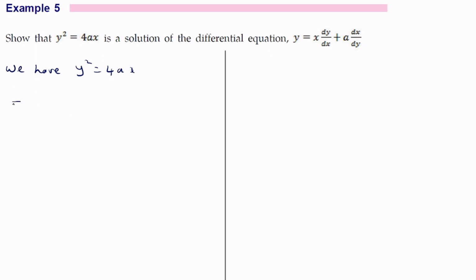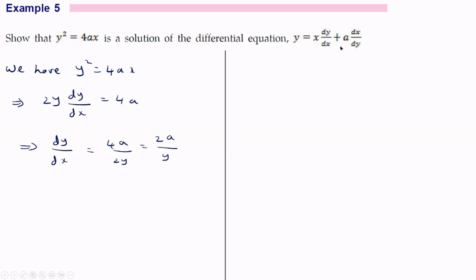Now let us differentiate this with respect to x. We have 2y dy by dx equal to 4a. So from this we get dy by dx equal to 4a by 2y, or it is 2a upon y.